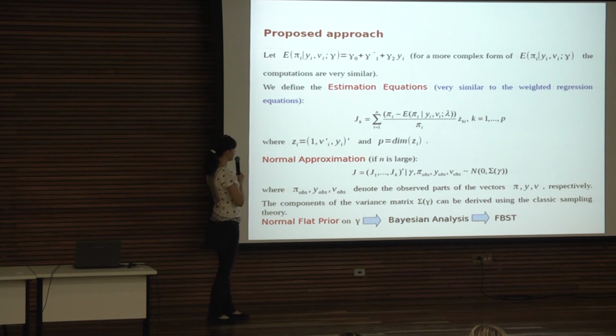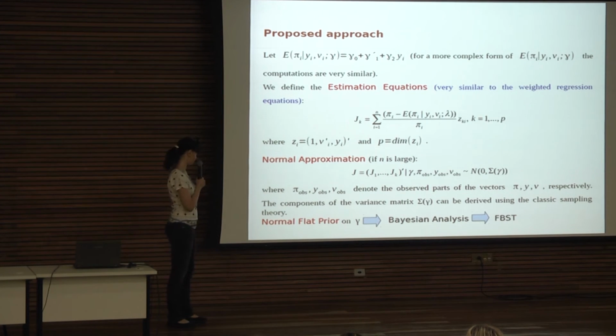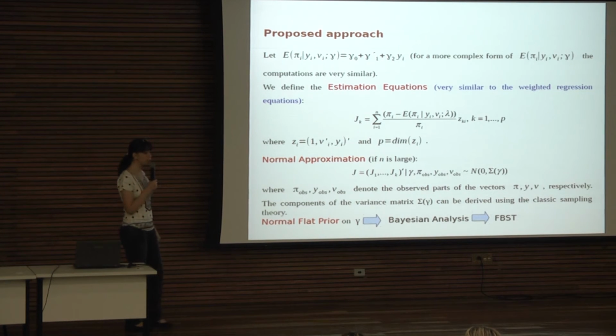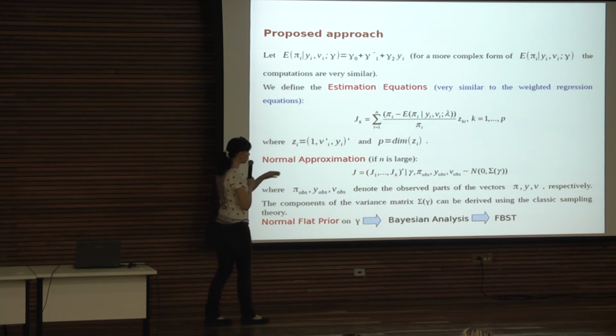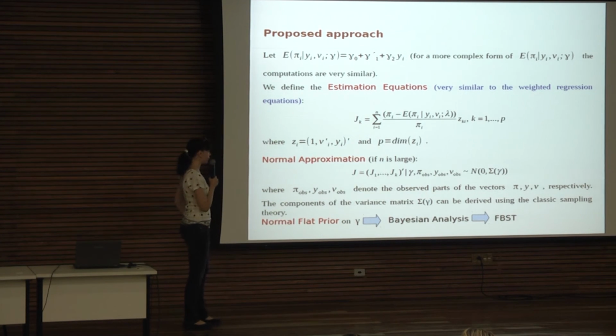Here, jk, and then we obtain the vector j, which for a large value of n, when the sample is sufficiently large, we can use one version of the central limit theorem, and then j, given the observed values of the outcome variable y, auxiliary variables v, and sample selection probabilities, and also given the unknown parameters, has a normal distribution with zero mean and the variance sigma, where the entries of this matrix depend on the parameters gamma.